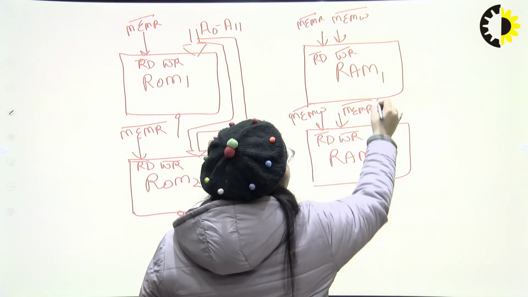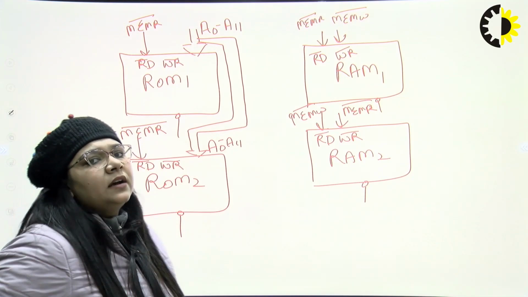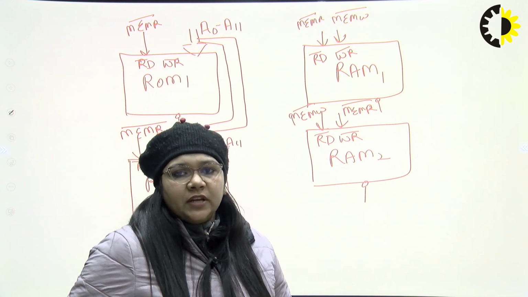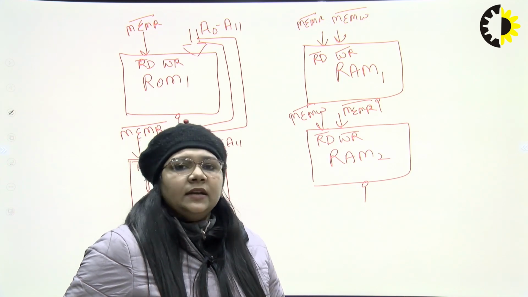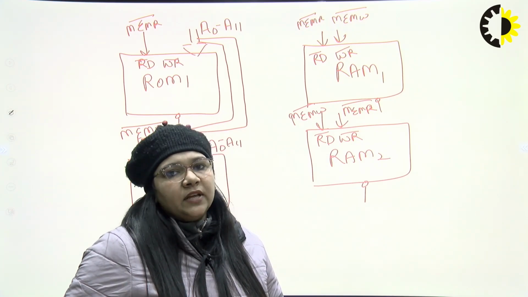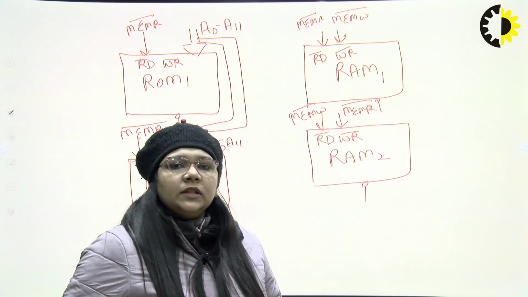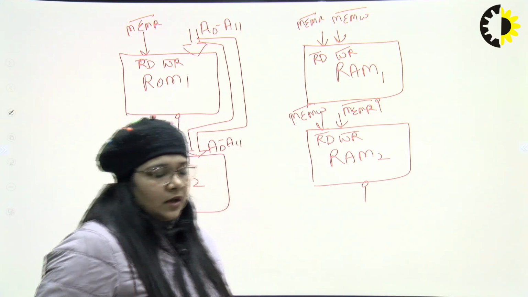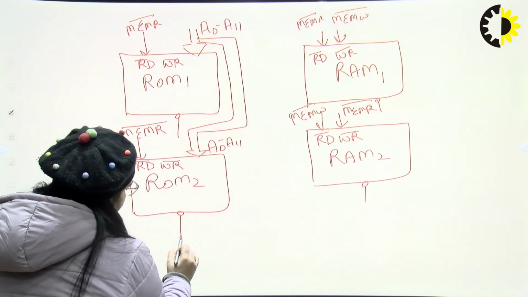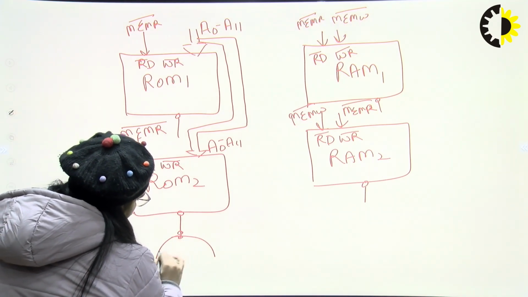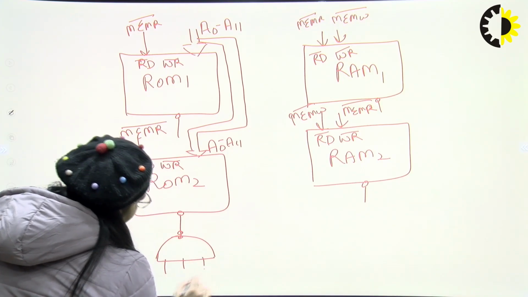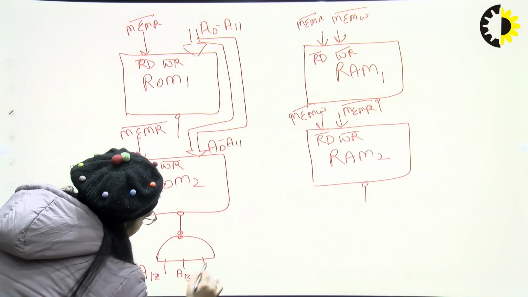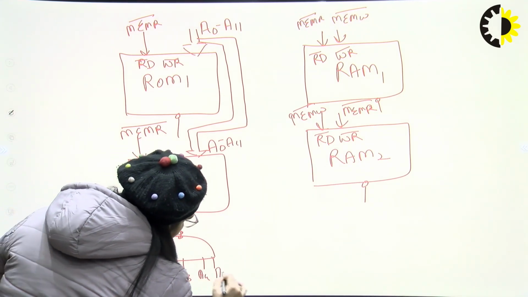What is the role of chip select? Chip select will take all the address lines that are unused for ROM and RAM. Suppose for ROM, A12 to A15, these 4 lines, were not used, and in RAM, A13 to A15, three address lines, were unused. So all these 3 address lines will become the input of the chip select. How? A NAND gate will be connected here, and this NAND gate will have as input all the remaining address lines, 13, 14 and 15.